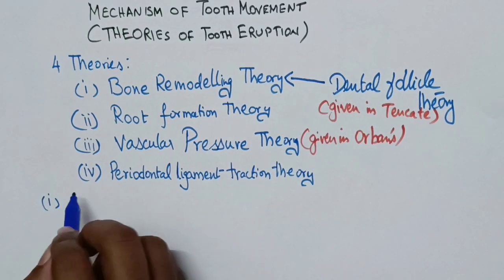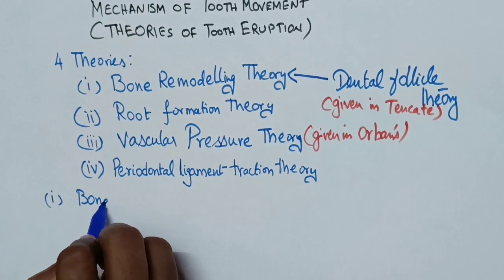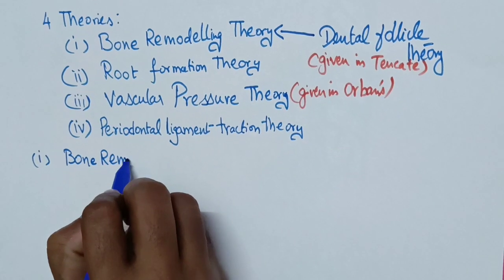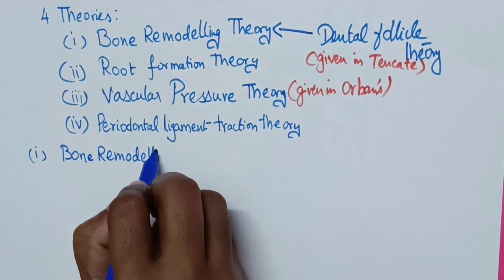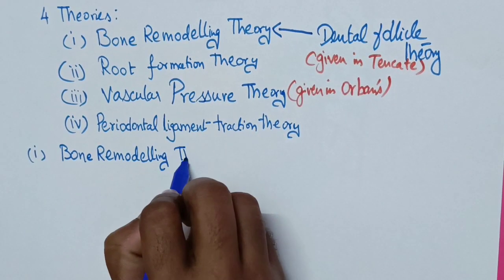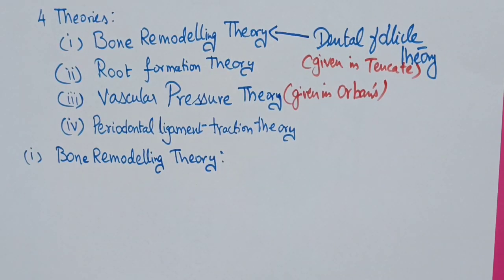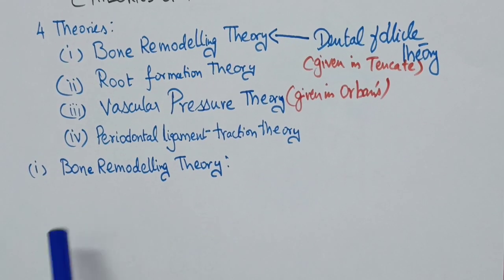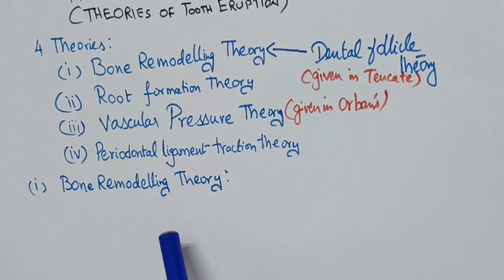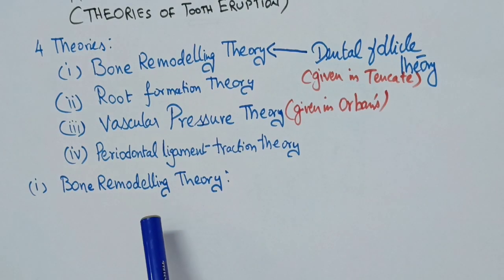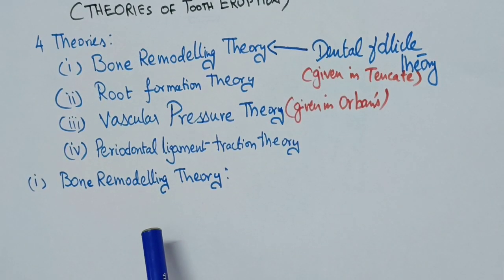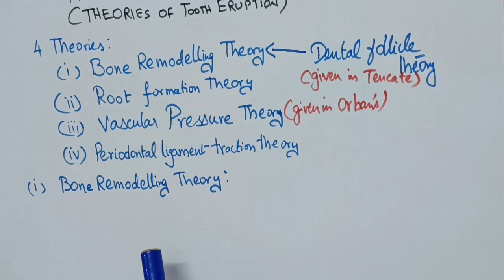First theory is bone remodeling theory. As I told in the previous videos about bone formation, how it takes place, how it helps in the accommodation of the newly erupting teeth. The main role is the function of osteoblastic cells and osteoclastic cells, where there will be resorption and deposition of bone based on the movements that happen in the tooth.